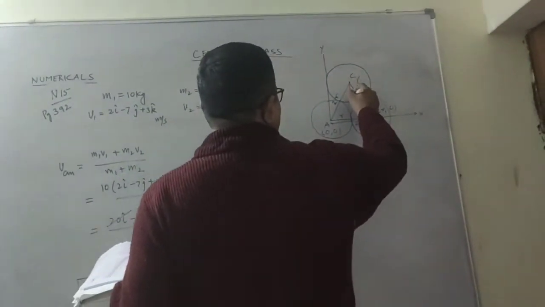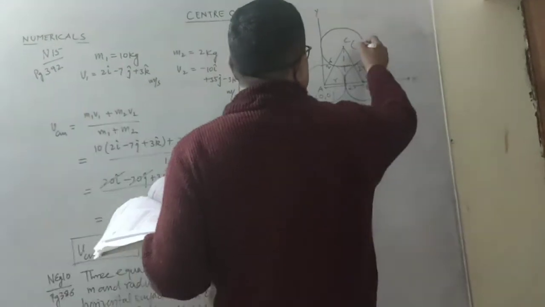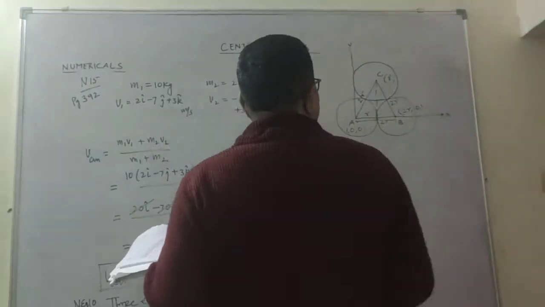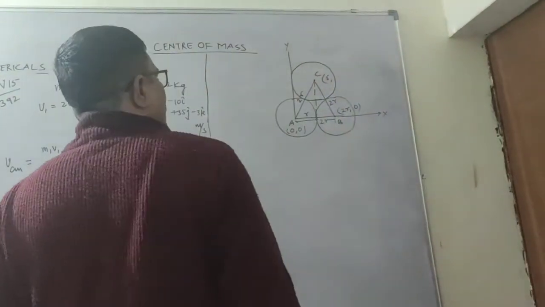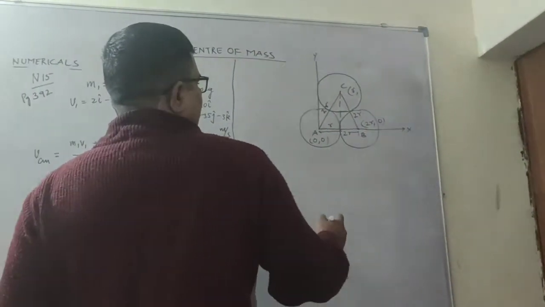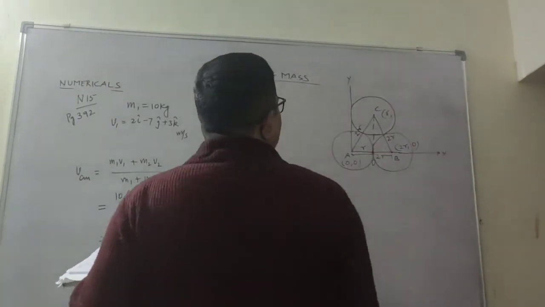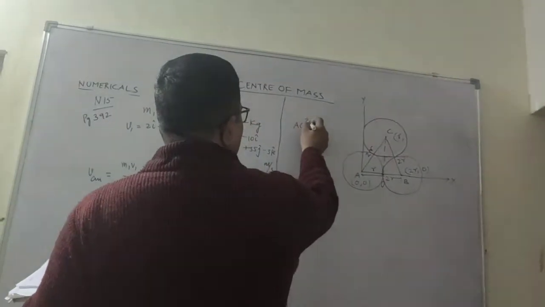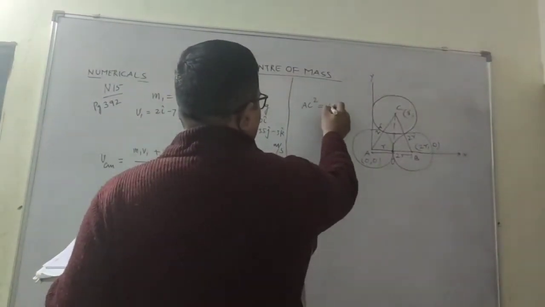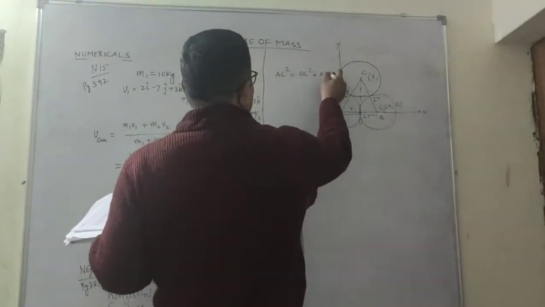So if I find this, along x-axis it is r, and along y-axis I have to measure this also. So if I consider this point as O, here AC square is equal to OC square plus AO square.